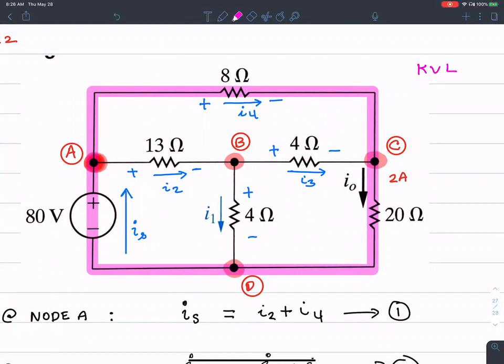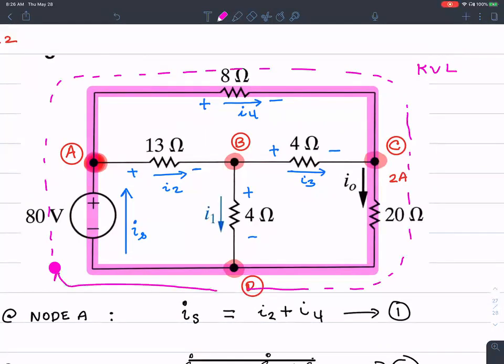The typical way to apply KVL is to start at the lower left corner and follow the loop all the way to the beginning point. When you're doing that, you're following the different components in there. So let's see how we can apply KVL over that loop here.